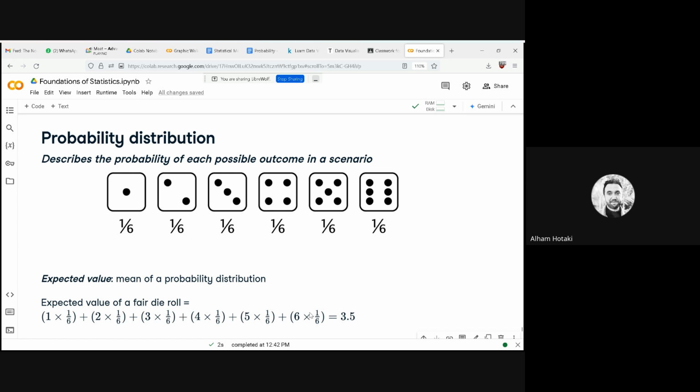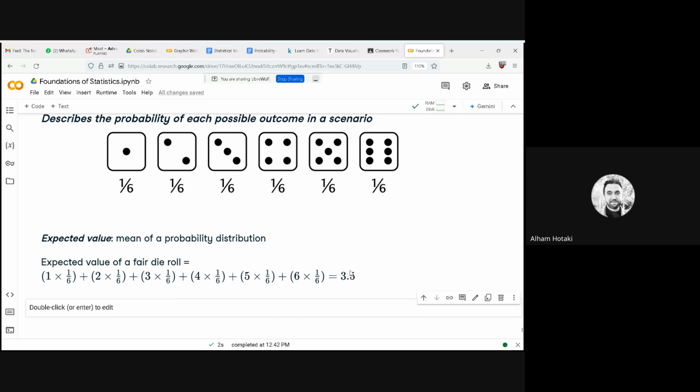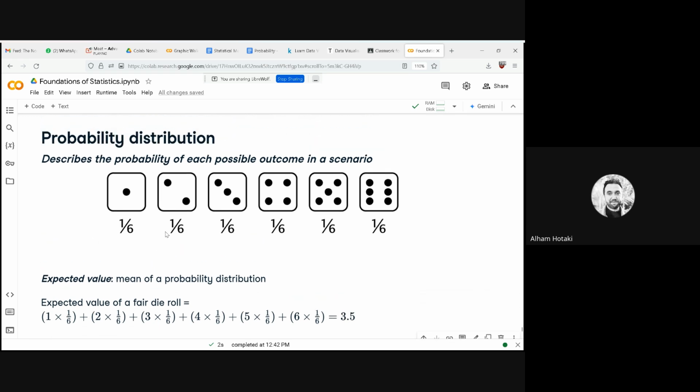Using the addition and multiplication rules that we studied previously, the mean average of this distribution, this is called a distribution, yeah, is similar to a histogram. This is 6, this is 5, 4, 3, 2, 1. So the mean of this probability distribution is 3.5. This is how you will understand the distribution.